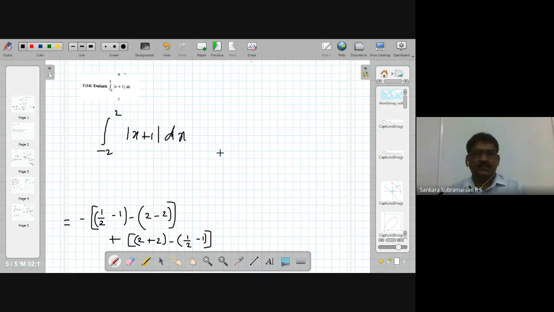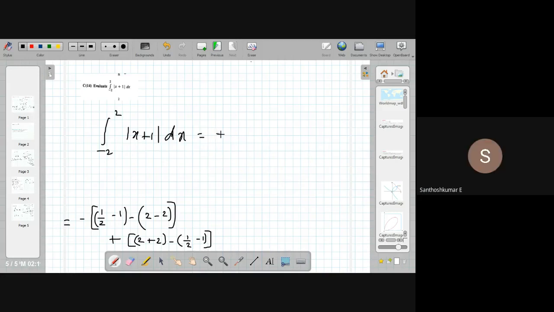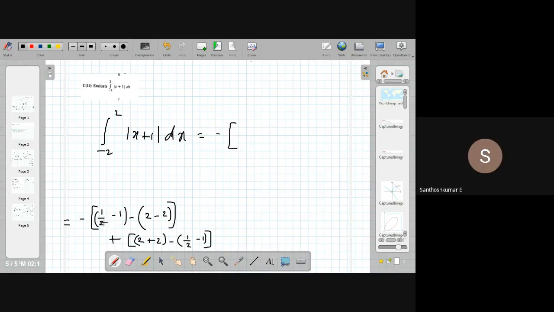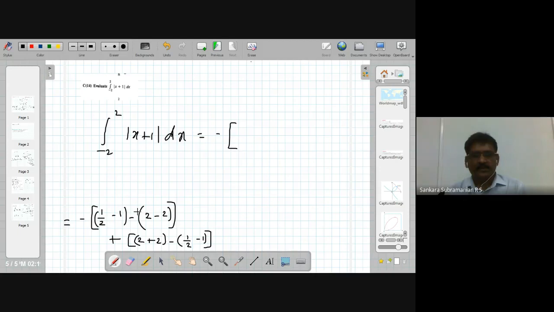So the value is plus 1 by 2. You have minus. So you have this is 1 minus 1 by 2. This is 2 minus 2 becomes 0. Okay. This is 1 by 2. 1 by 2 minus 1 is minus 1 by 2. So already there is a minus sign.